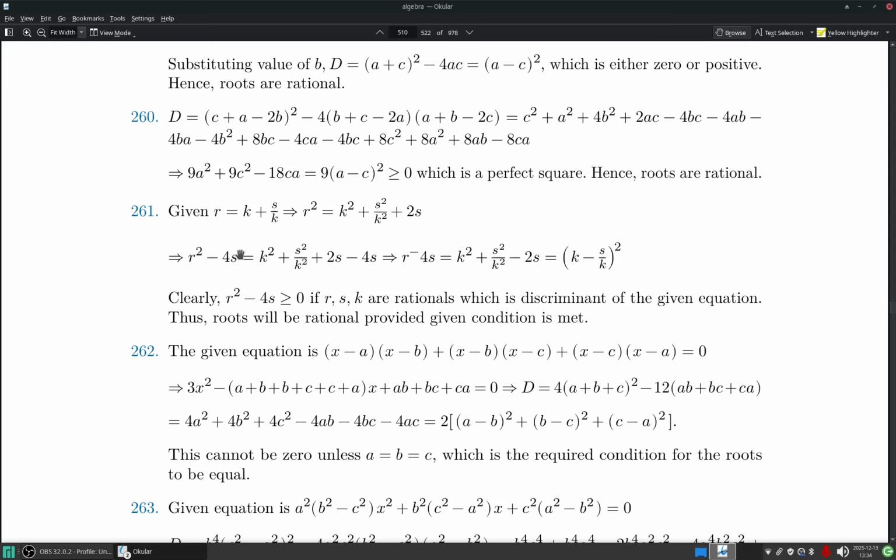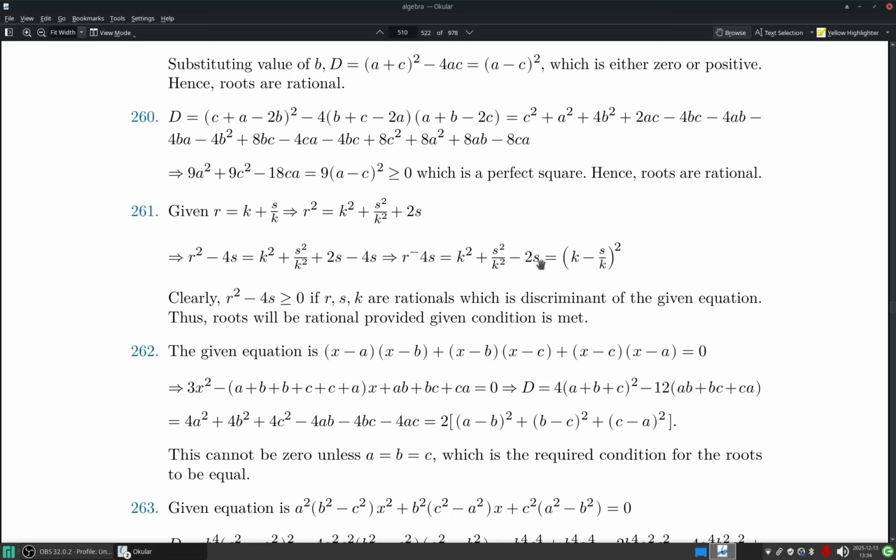Now we subtract 4s from both sides, so r square minus 4s is equal to k square plus s square by k square plus 2s minus 4s. There is an extra character here, it's a typo. This is equal to k minus s by k whole square.